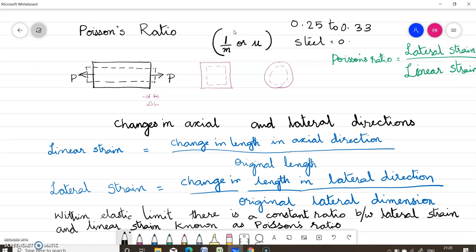So you must remember this value. Poisson's ratio for steel is 0.3, and for concrete it is 0.15. For concrete, mu is equal to 0.15. You must know these values.